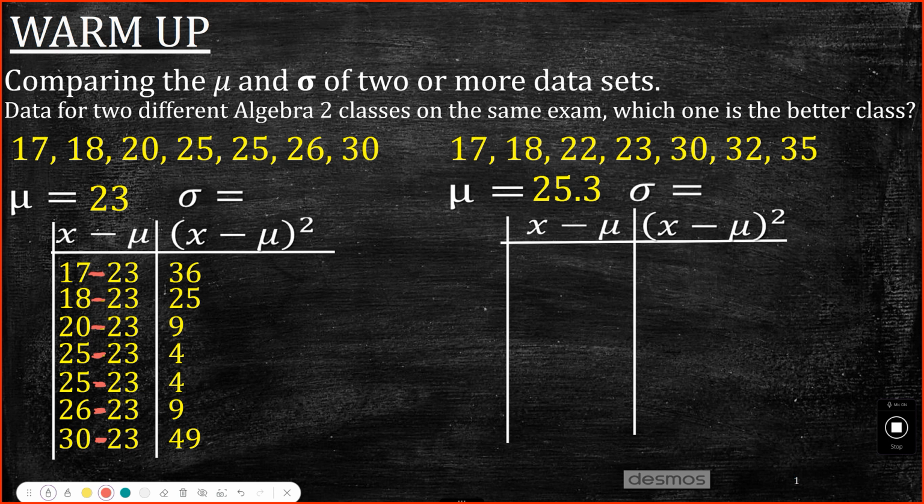Okay, now, what you're supposed to do now, everybody, is what? Add up all these numbers, divided by what? 7, and then square root that answer. So add up all these numbers. What is 36 plus that 25 all the way down?